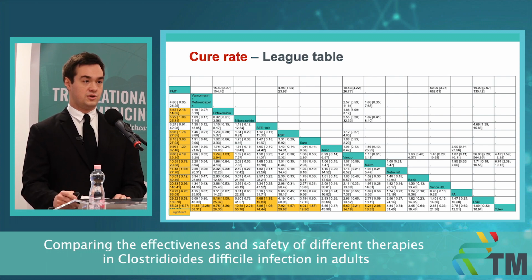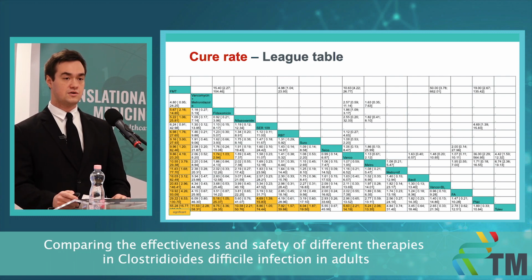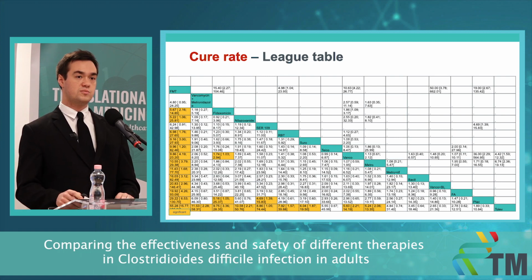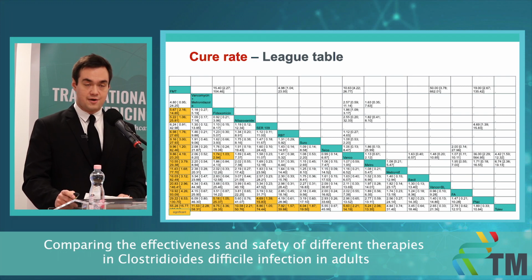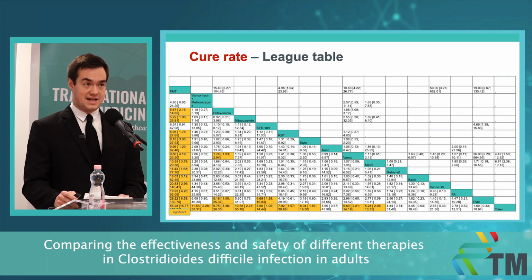In this league table, the possible treatments are in the blue bars, and they are arranged in descending order according to P-score. In the area above the blue bars, there are the direct comparisons, while below it, the direct and the indirect ones pooled together. Odds ratio is given in the cells.